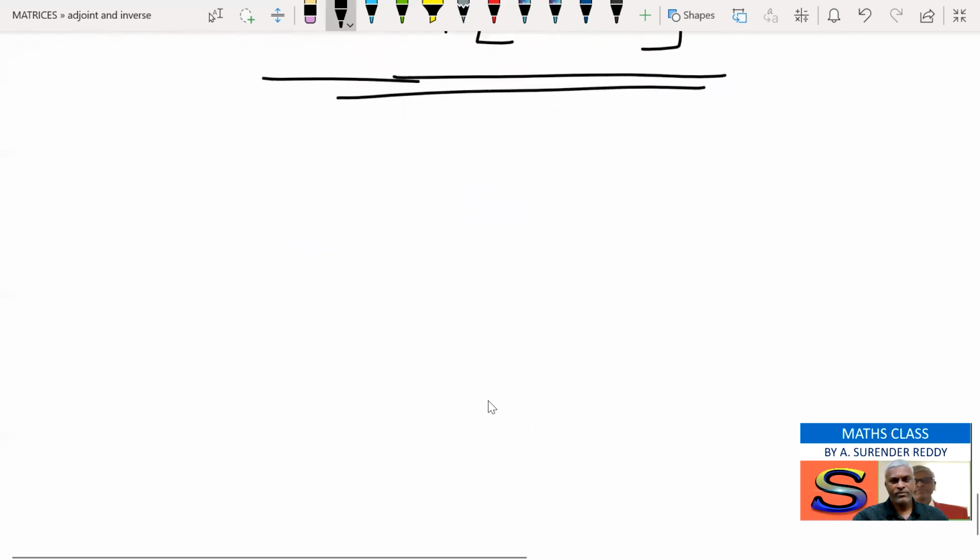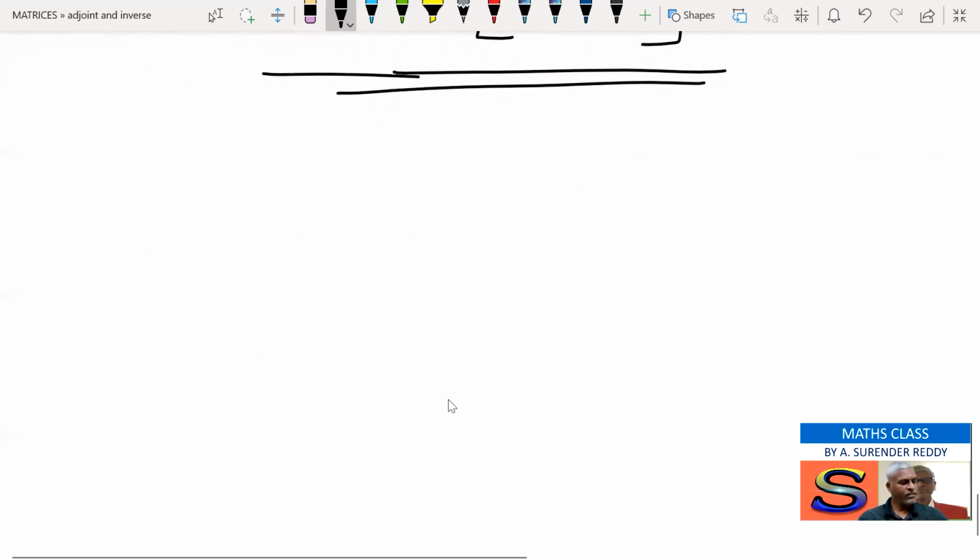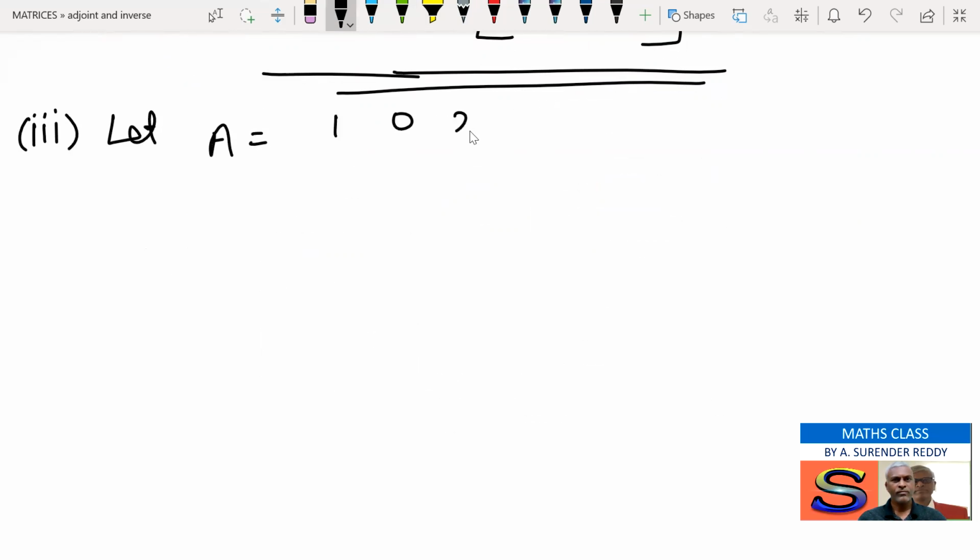Now let us find the second one, another one. Let the given matrix be A: 1 0 2, 2 1 0, 3 2 1.